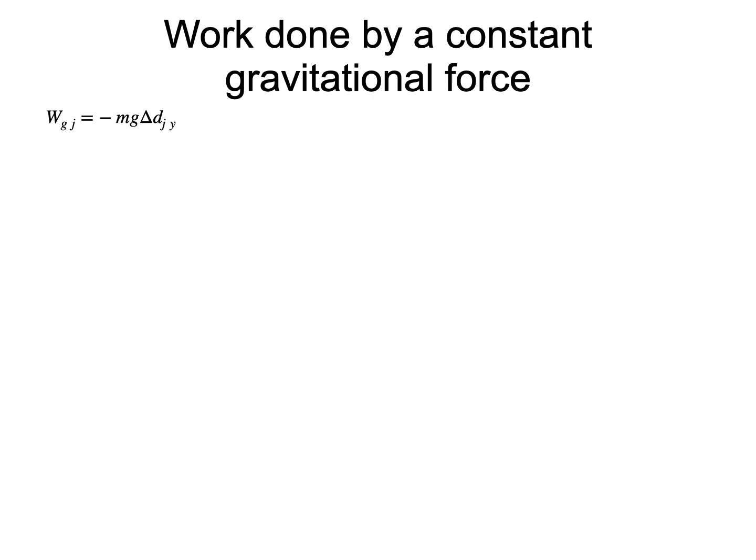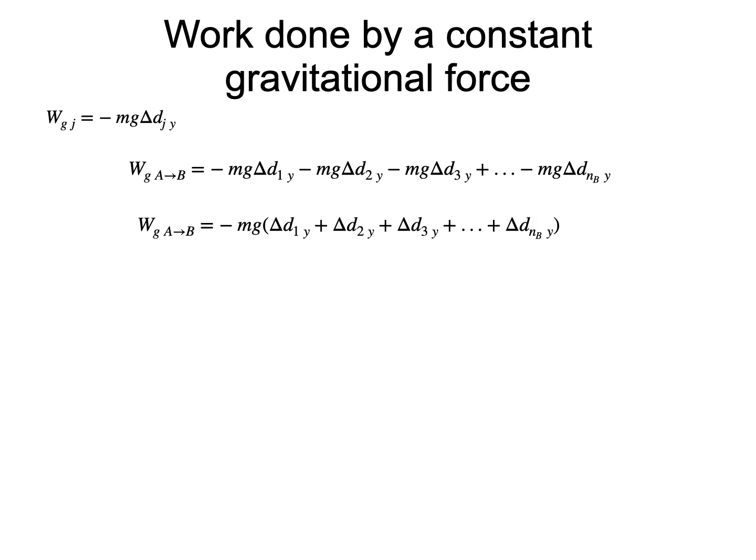The work done on the path from point A to B can be expressed like this, which is the summation of all the tiny amounts of work by the gravitational force during the N vector displacements, tracing the trajectory from point A to point B. We can first factor out the common minus mg, which leaves the summation of all the vertical components of the displacement inside the brackets.